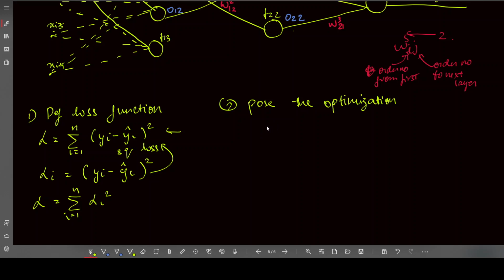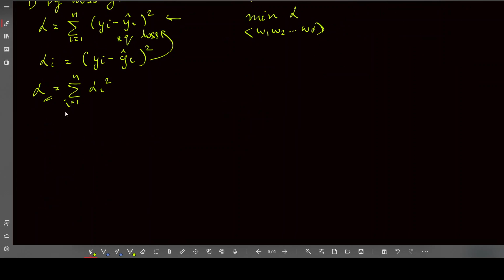So I basically have to minimize my loss, which is this, with respect to the weights, the weight vector w1, w2, all the way to wt. Correct? That's my optimization problem. And now the third and final step is to solve the optimization.